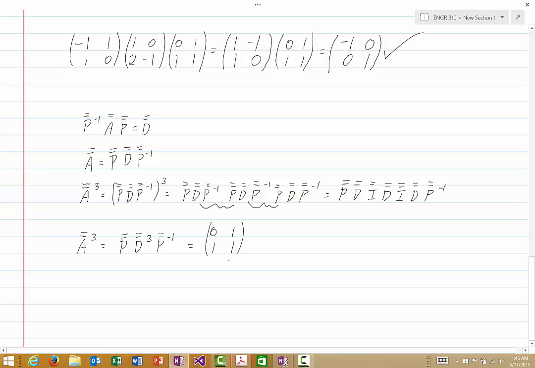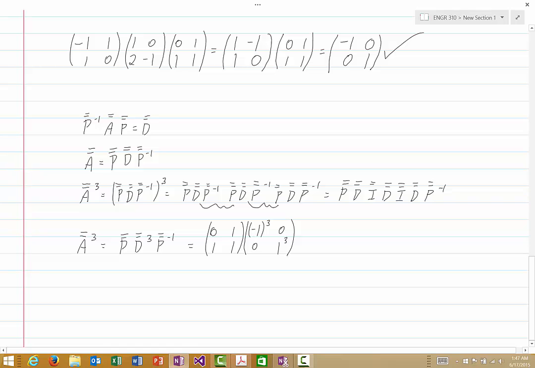D is just this matrix right here, -1 in the upper left-hand corner, +1 in the lower right-hand corner, and 0 otherwise. When we cube that, we just get -1 cubed, 0, 0, +1 cubed.